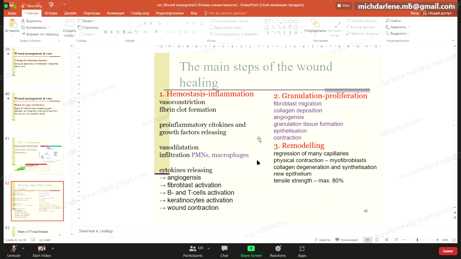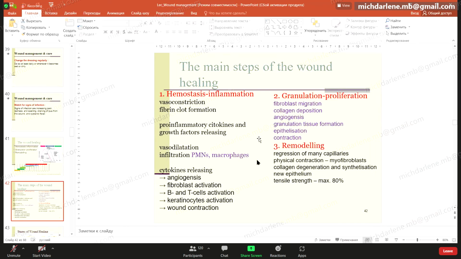Here I started to speak too much every day. I won't describe these things to you, you can read about them anywhere, but if you speak about the stages, hemostasis, inflammatory, on this slide we describe the physiology of this stage, but I told you as a doctor that in this situation you must use temporary general methods to stop the bleeding, so your patient doesn't lose too much blood.